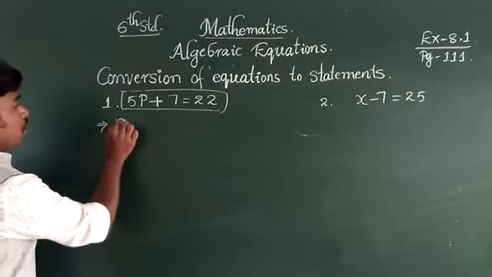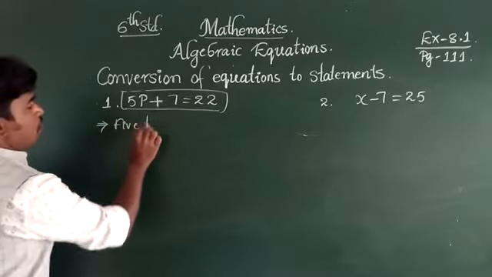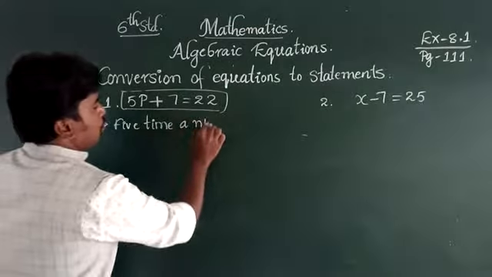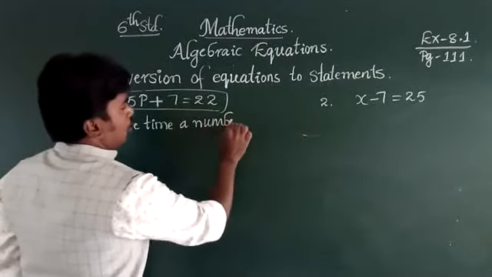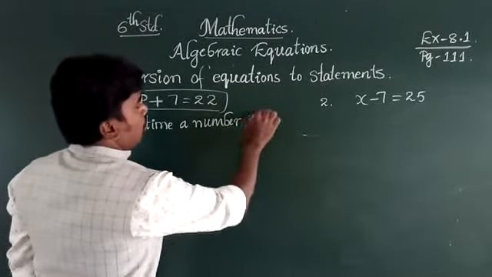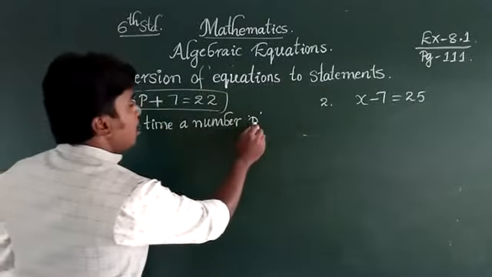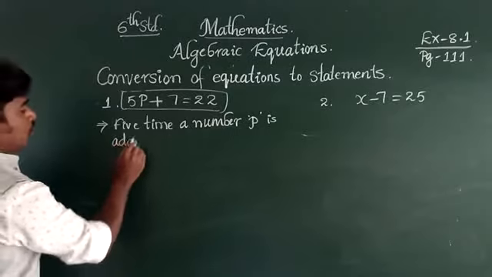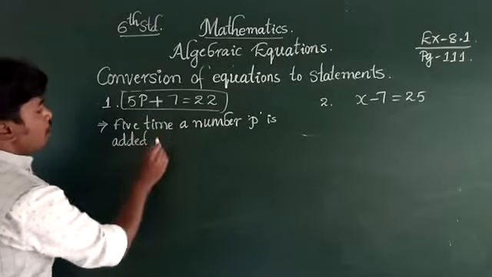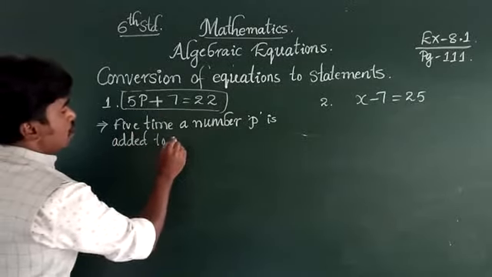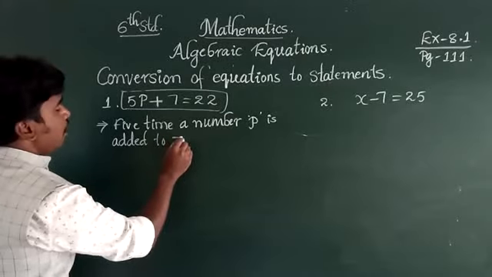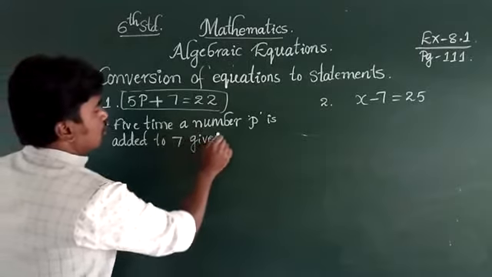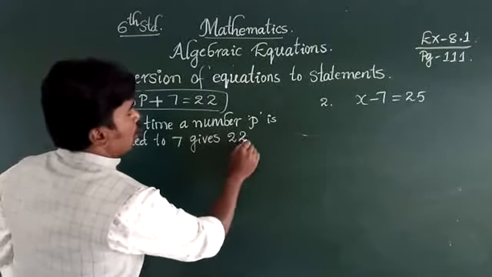5 times a number p is added to 7 gives 22.